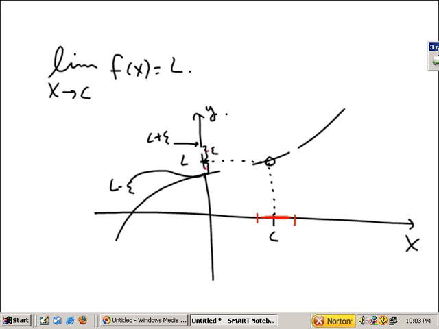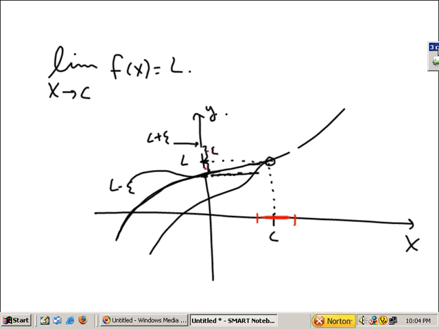Well, how can I get that close to L? I just don't like the way my graph is. I'm going to keep everything the same, but change the graph a little bit. That's the graph.